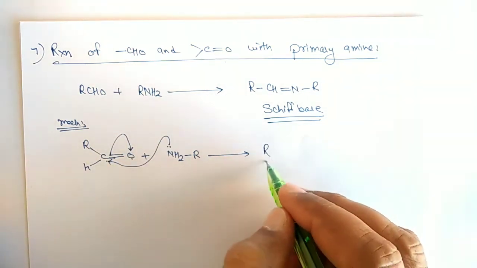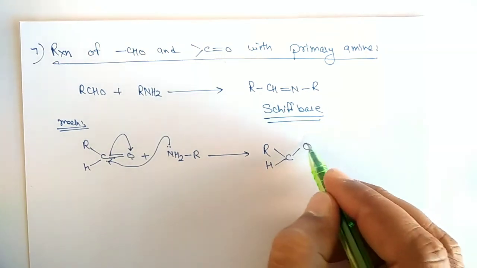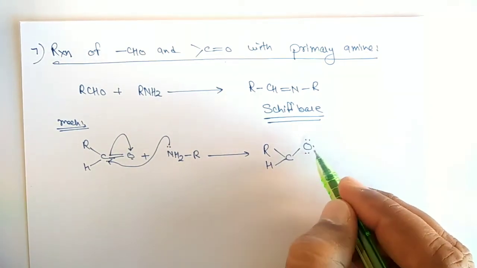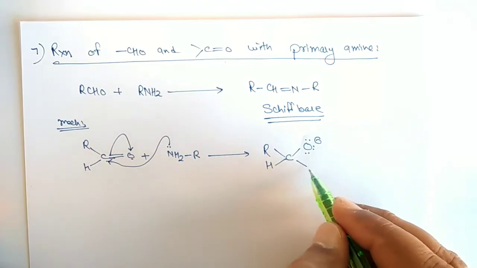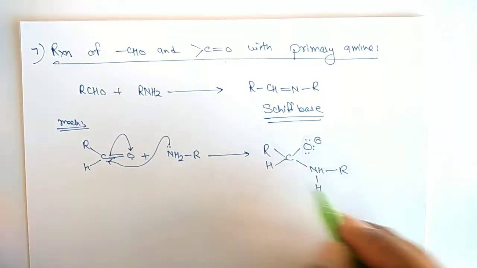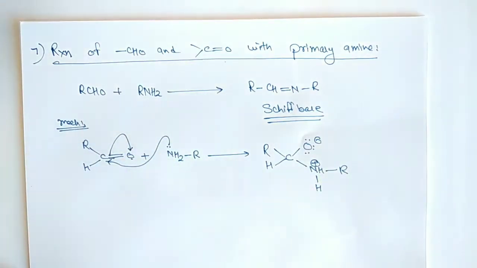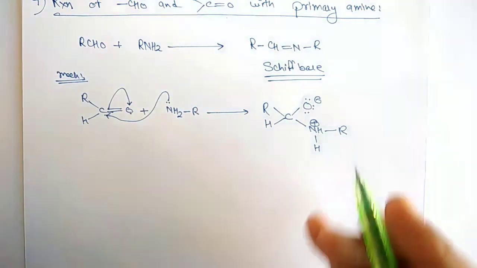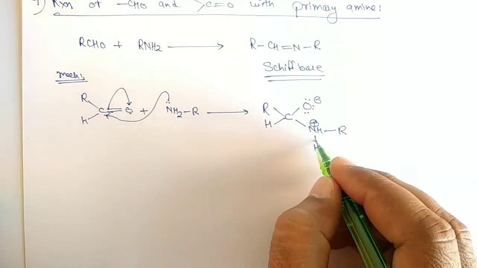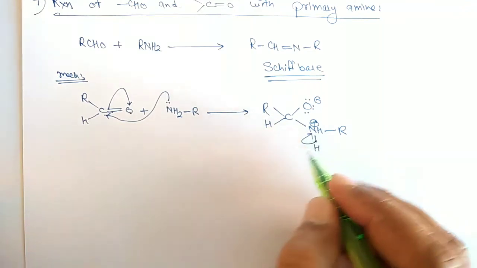So therefore what we will get here, RC, this oxygen now carries negative charge, and here is NH, here is R, and here is N. The nitrogen has donated its lone pair, and that's why this nitrogen carries positive charge. Now what will happen here? Nitrogen is more electronegative, therefore it withdraws the electron density toward itself.